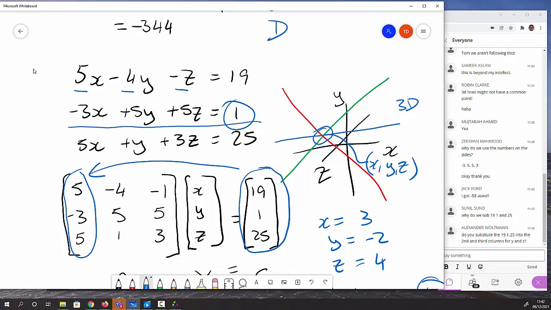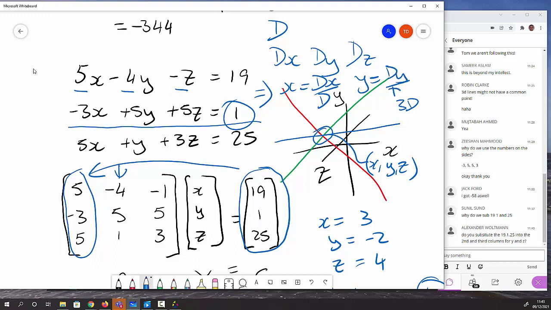And then we substitute the constants into the x column, and that gives us dx. We find that determinant. Then we put the constants into the second column here, and then we get dy. And then we put the constants into the third column here, and that gives us dz. Okay, and then x is equal to dx over d, y is equal to dy over d, and z is equal to dz over d.